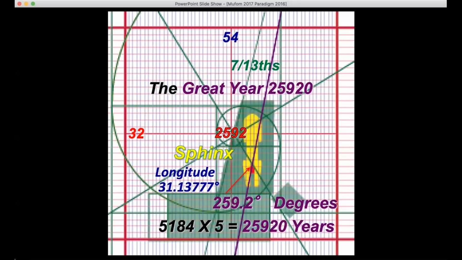And that also shows, like in 2012, if you would have put Sirius on the ground and looked at the Pleiades, it would be 11 degrees to the left of vertical.